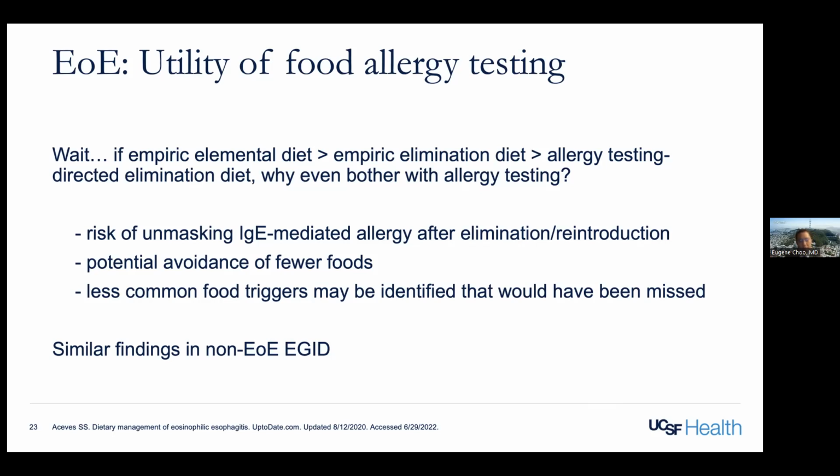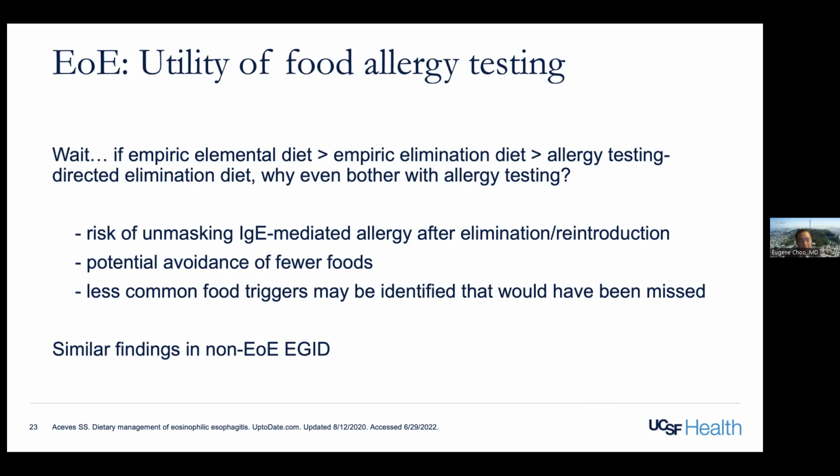But there are definitely some fairly relevant rationales that have been posited for why it does make sense to do food allergy testing. First of all, there is potential avoidance of fewer foods, which is really important, especially for our adult patients who are already completely miserable that they're having to give up so many of their favorite things to treat their EOE.